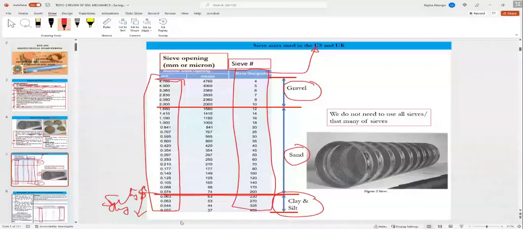Anything retained on the 0.075 sieve is either sand or gravel. These two are known as granular soils. The clay and silt are fine-grained soils.